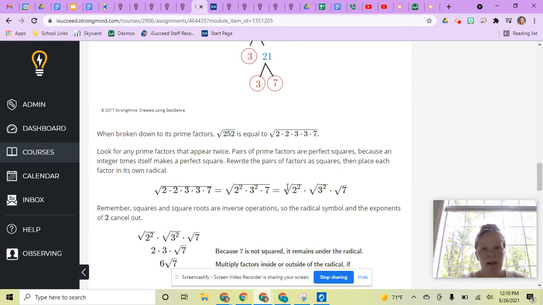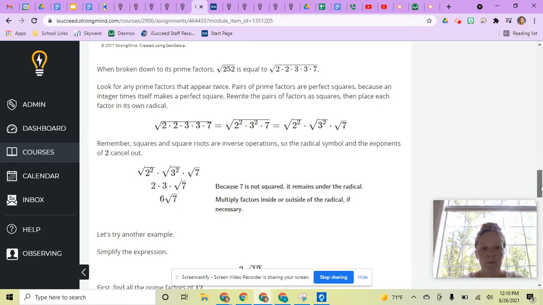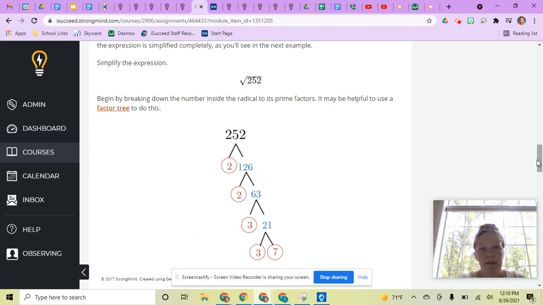So you can eliminate the radical and the square root because those are opposite operations. The square root of 2 squared would just be 2. The square root of 3 squared is just 3, and then you have the square root of 7. That's what they show here. To simplify that down, you get 6 times the square root of 7. You only need to do that for numbers that are tricky and you're not sure what perfect squares are inside of those numbers.